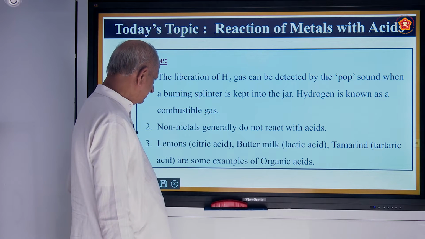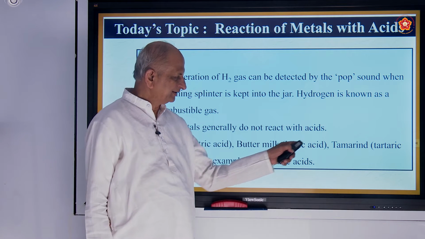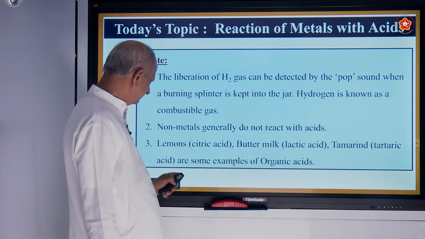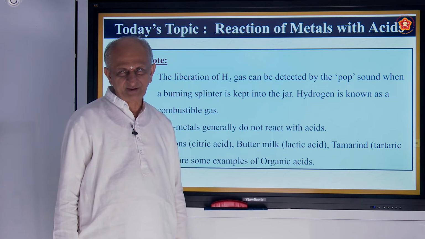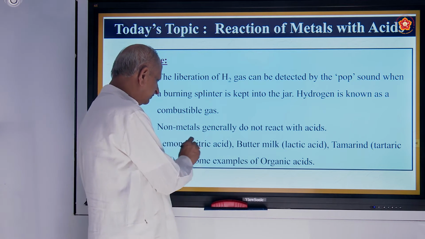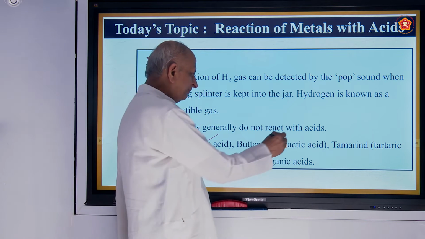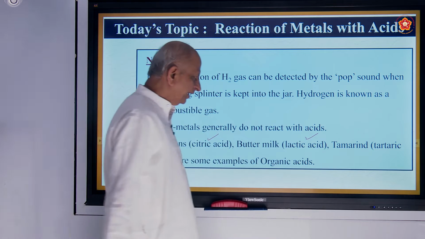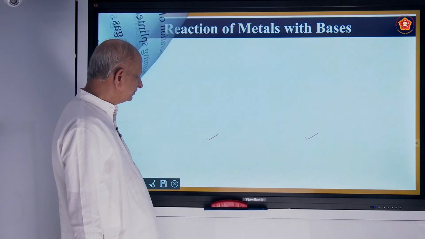Lemons, that is citric acid, buttermilk, lactic acid, tamarind, tartaric acid are some of the examples of organic acids of daily use. So note the names. Citric means lemons, lactic means buttermilk, tartaric means tamarind. Okay.